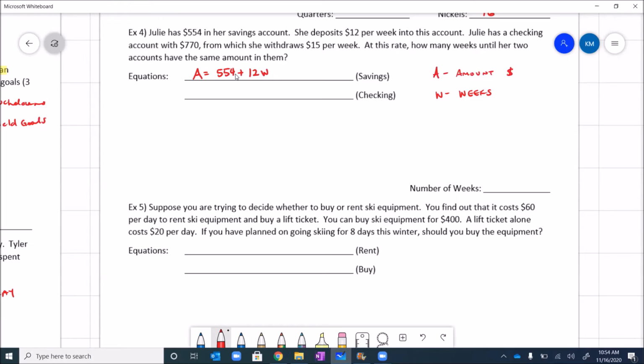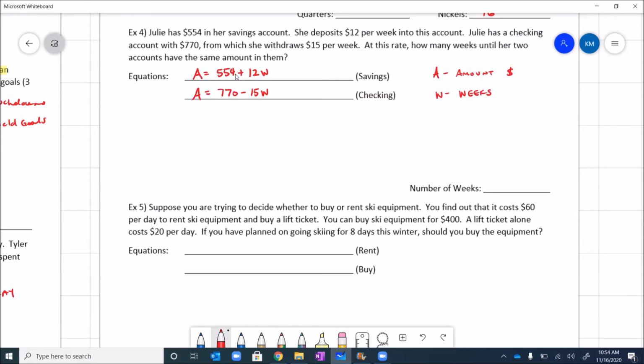In her checking account, the amount is $770, and she withdraws $15 per week.